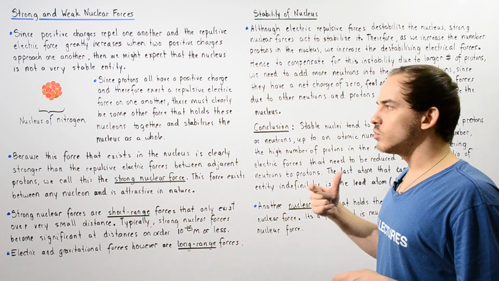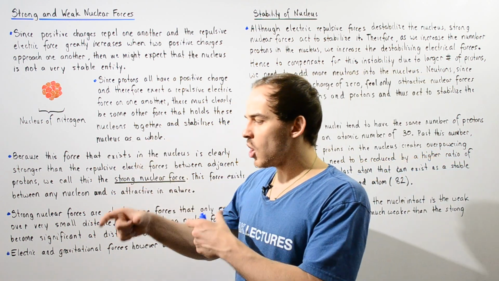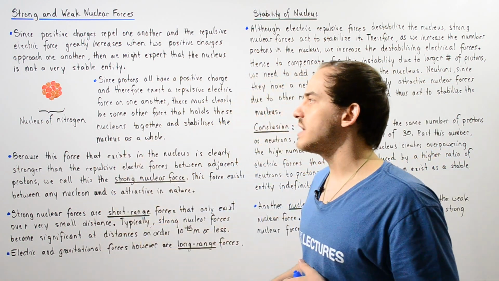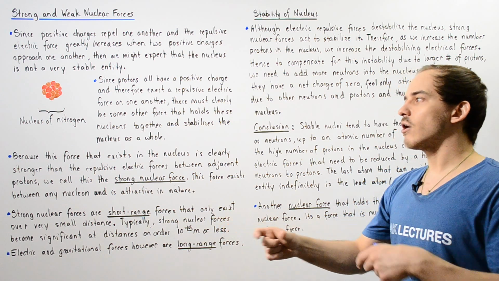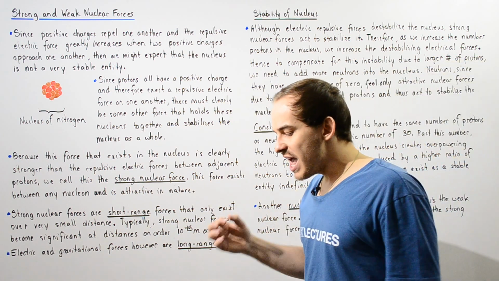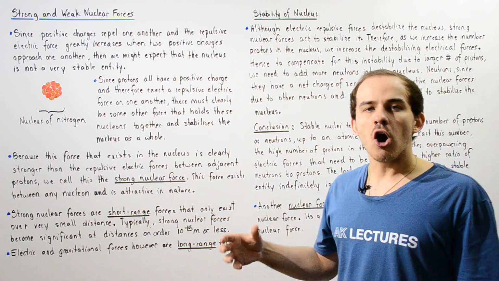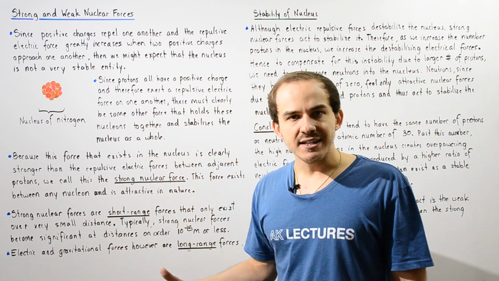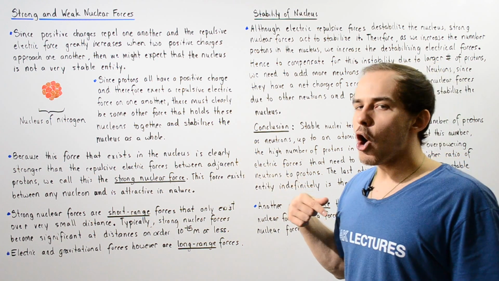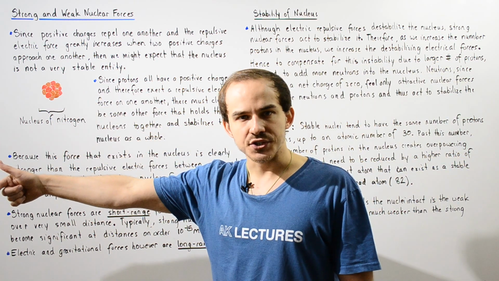So the strong nuclear force exists between two protons, between two neutrons, and between a proton and a neutron. Now, electrical forces and gravitational forces are long range. That means these forces can act over very large distances.